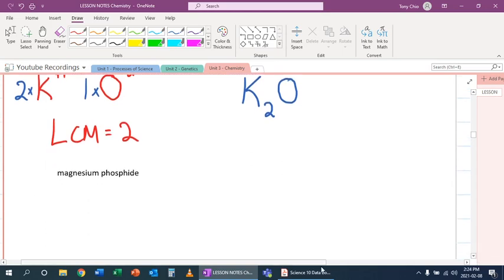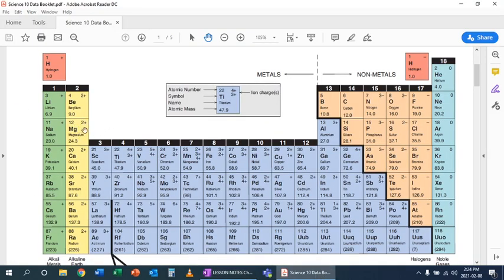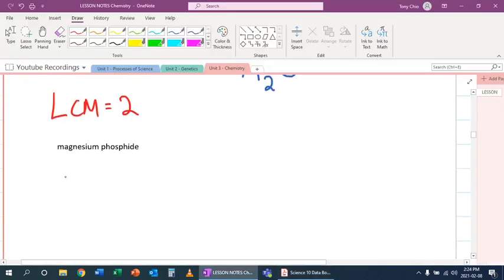Magnesium phosphide, let's look at it. Magnesium has a +2 charge. Phosphide comes from phosphorus, which has a -3 charge. So let's write those down. Magnesium has a +2 charge and phosphorus has a -3 charge. What is the LCM of 2 and 3? That is 6.